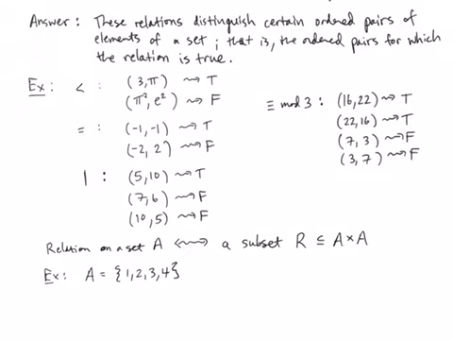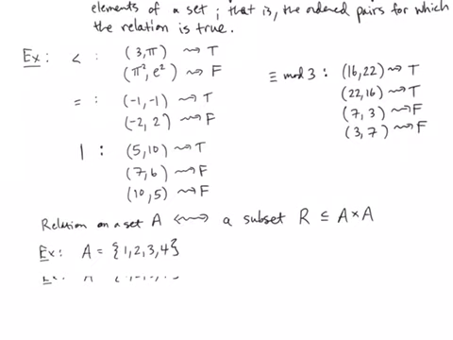And let's look at the following subsets. So I'm just going to write down a subset of A cross A. So R here is going to be this subset here. Just bear with me.